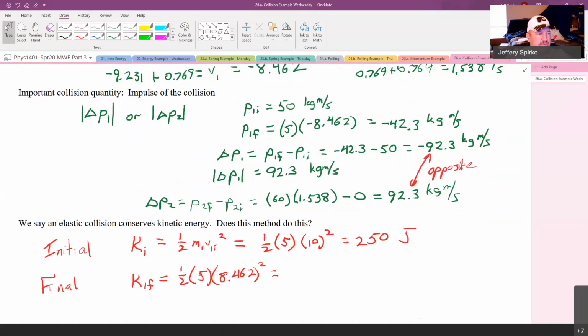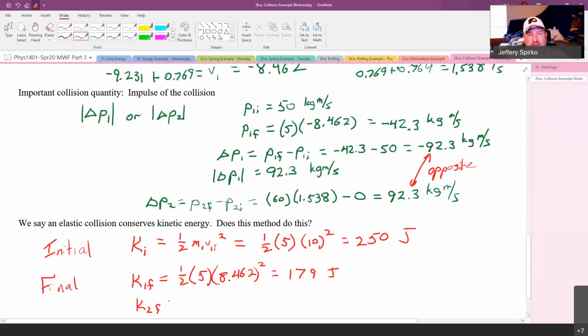So K1 final is 1/2 times M1 times V1 final squared. If I'm doing it in Excel, I don't need to worry about the minus sign. It just gets canceled by itself. If you're doing it in a calculator, you have to be careful about that minus sign because you don't want to accidentally make part of your equation negative if it's squared and it's supposed to come out positive because it's squared. This is 179 joules.